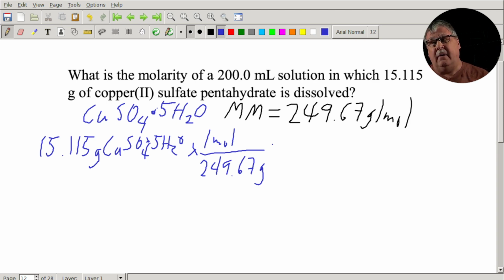We could stop there and do one more step, or we could just continue and say, all right, we're going to dissolve that into a total of 200 milliliters of solution. What is the volume of the solution in liters if it's 200 milliliters?